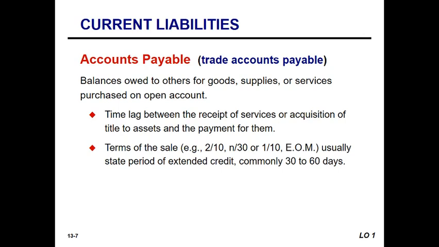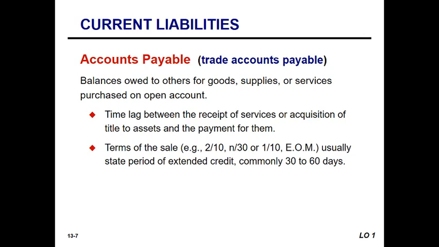So, if you will remember back probably to ACC 121, we had the situation where we really started talking about accounts payable. When you read the words on account, purchased on account, typically you're going to use the accounts payable account.